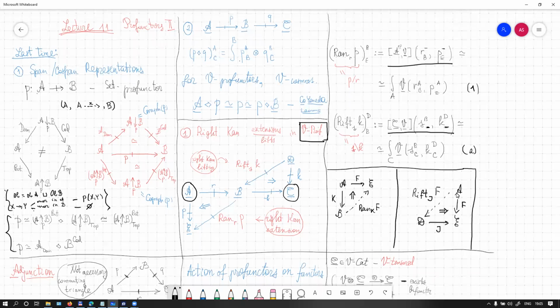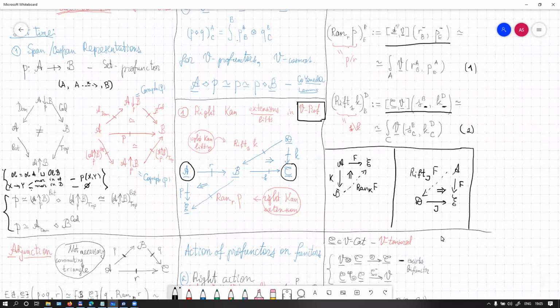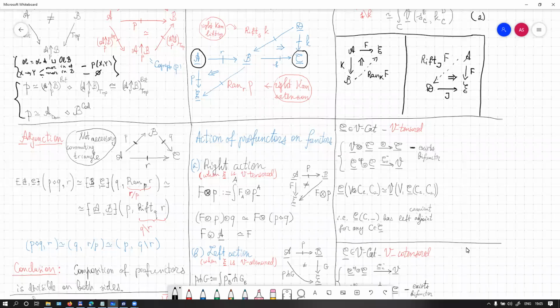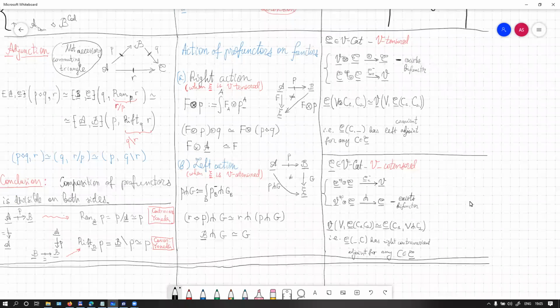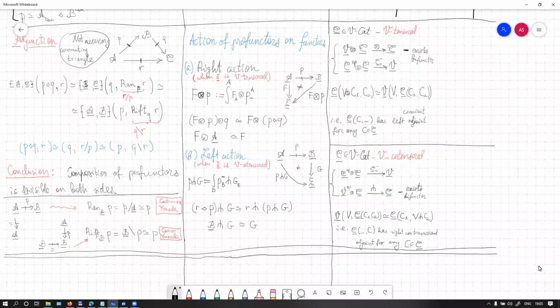So I'm going right now. Can I move the screen? I, as usual, will give you notes later. So why do we have this notation? Because we can talk about adjunction. So part 2 is adjunction. Given 3 profunctors, P, Q, and R, and not necessarily a commuting triangle, I emphasize this. So it's just 3 profunctors.